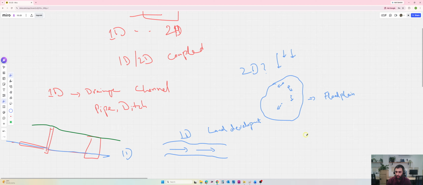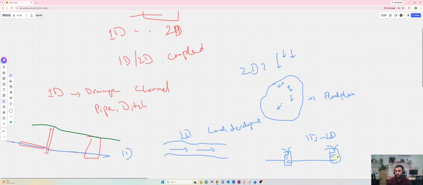And then it comes as a 1D 2D network. So basically a 1D 2D network means you have a manhole, and then you have another manhole and the water pipe, and it connects like this. And for example, the water is surcharged and there is flood risk, and once it starts to overflow, how will it act on the ground?